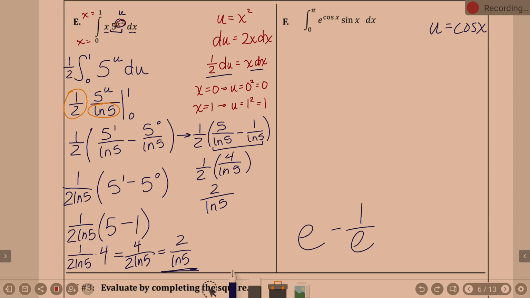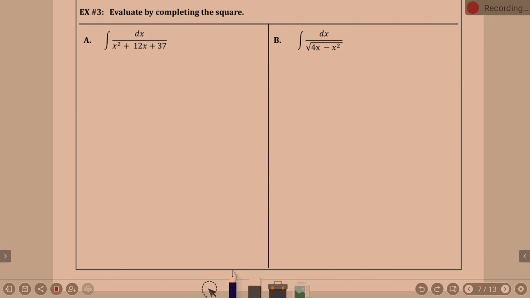Okay. Example 3. Evaluate by completing the square. As this is right now, we don't really have a good way to look at this.